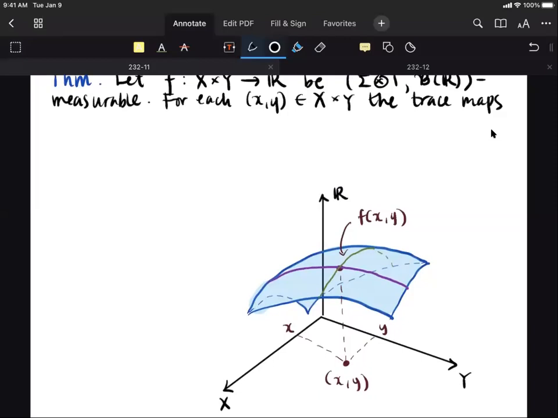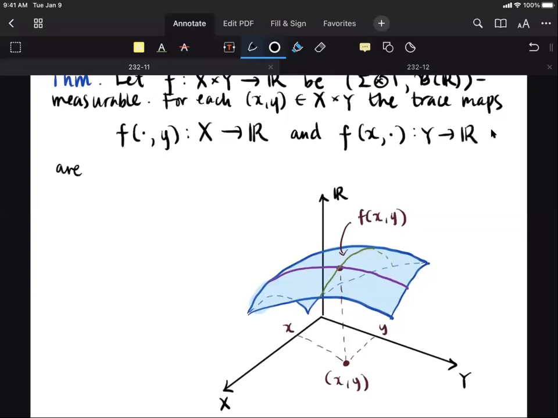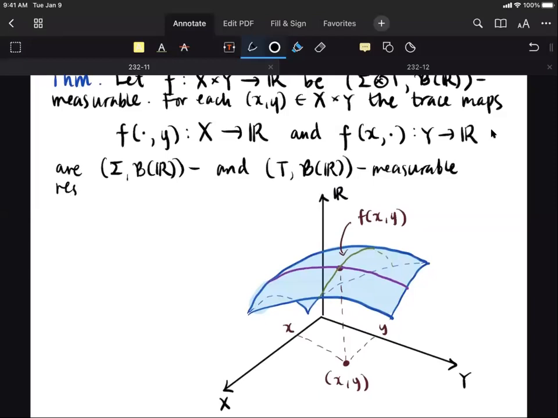For a fixed y, we have a function of x, so this is a mapping from X to R. On the other hand, for a fixed x, we have a map from Y to R. These trace maps are sigma-BR and tau-BR measurable, respectively.